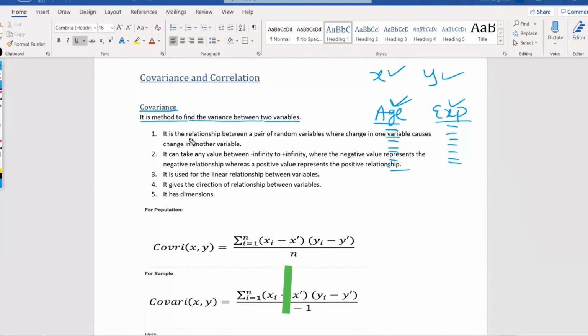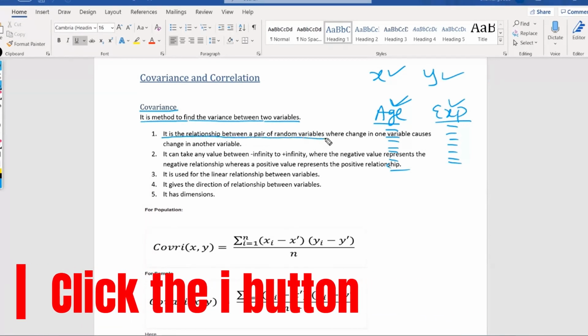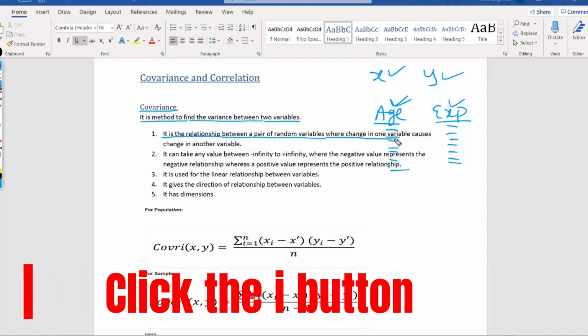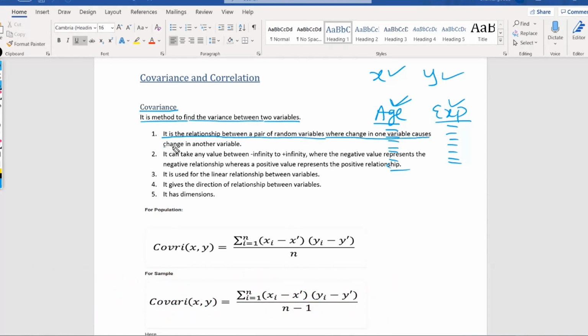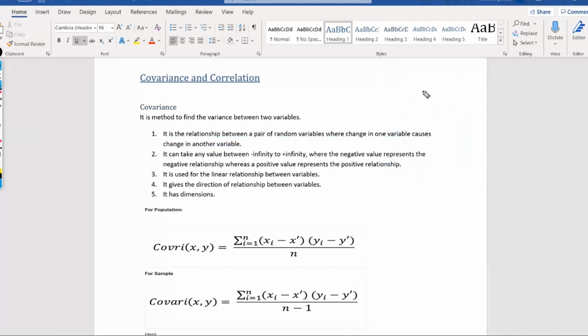Now let's understand. It is the relationship between a pair of random variables where a change in one variable causes change in another variable. Suppose I take age and experience. These are two variables, variable 1 and variable 2.